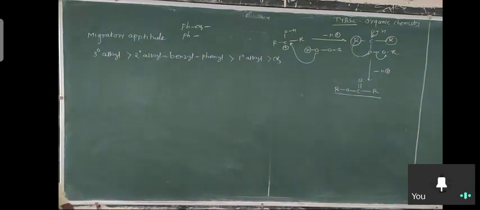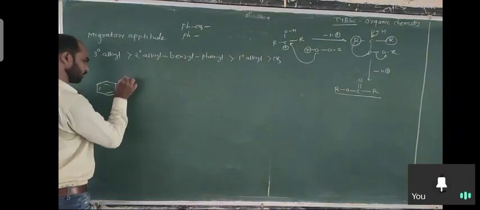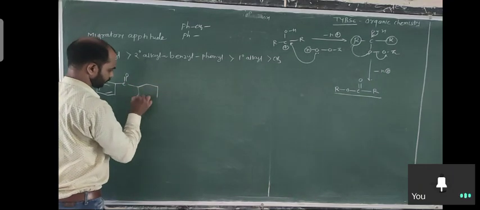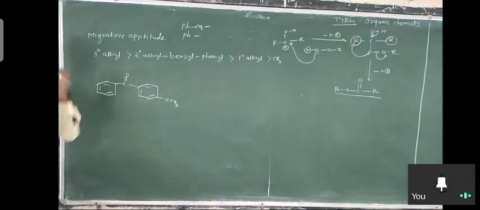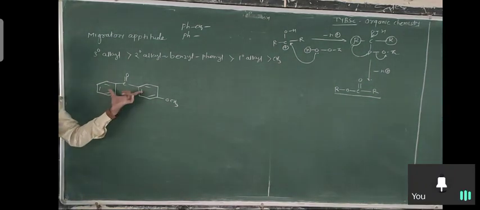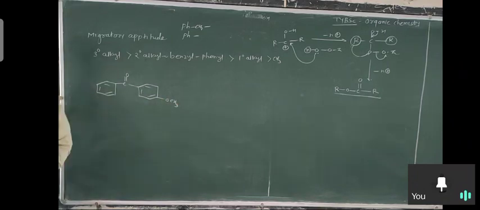So I am just giving some examples and directly writing the products. So this is for you. There are both aromatic compounds, but one of the rings has a substituent.